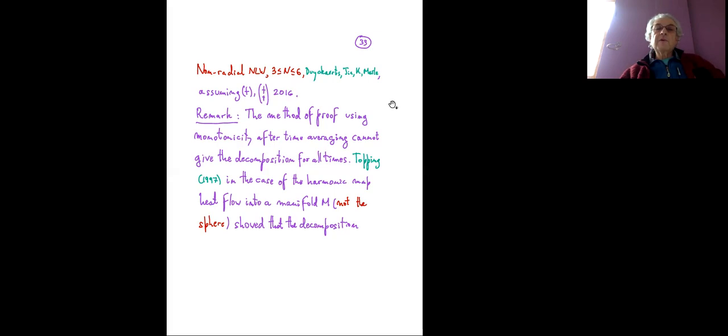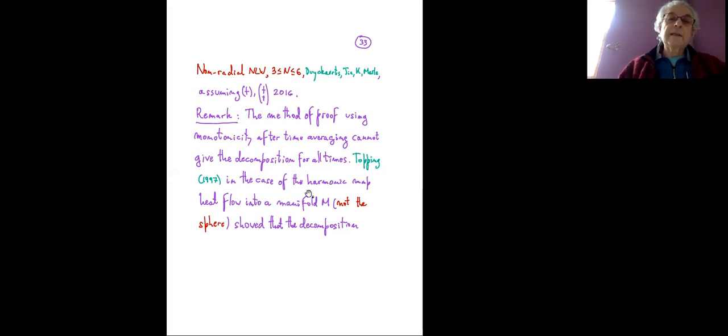Now, the method of proof that uses monotonicity after time averaging cannot give the decomposition for all times. And this is an interesting fact already known for the harmonic map heat flow.